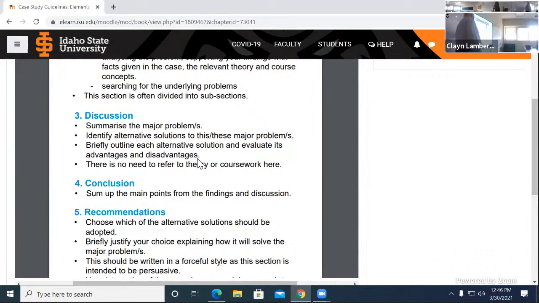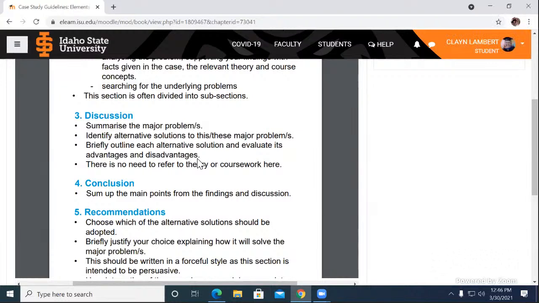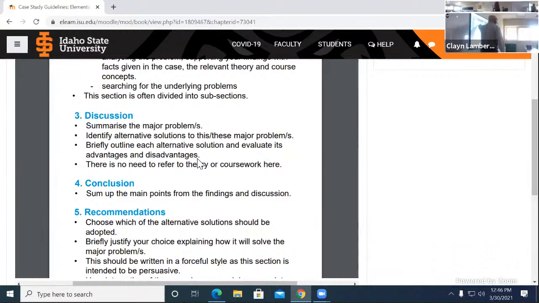This is the key problem, and here's why. Notice these are not big sections. How long is this going to be? The discussion section. Like a paragraph. One paragraph. I've already told you what the problems are.